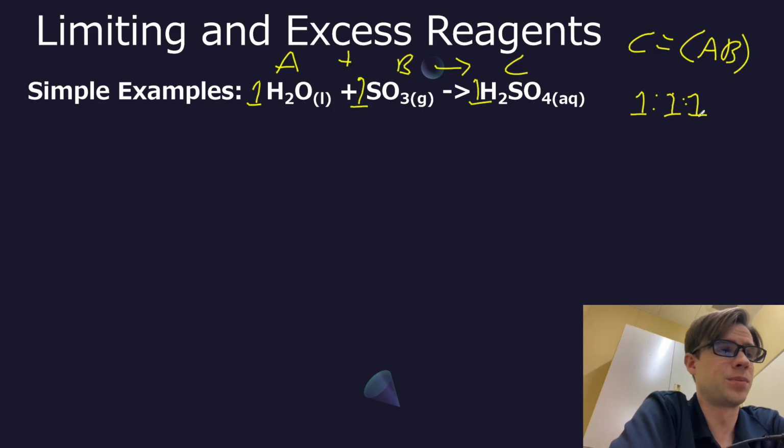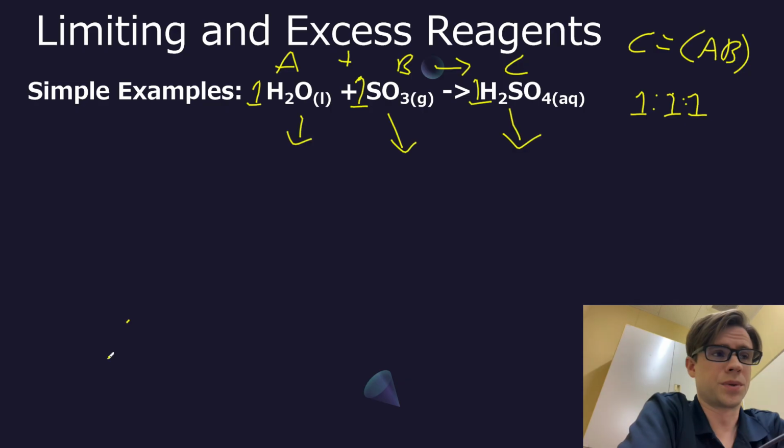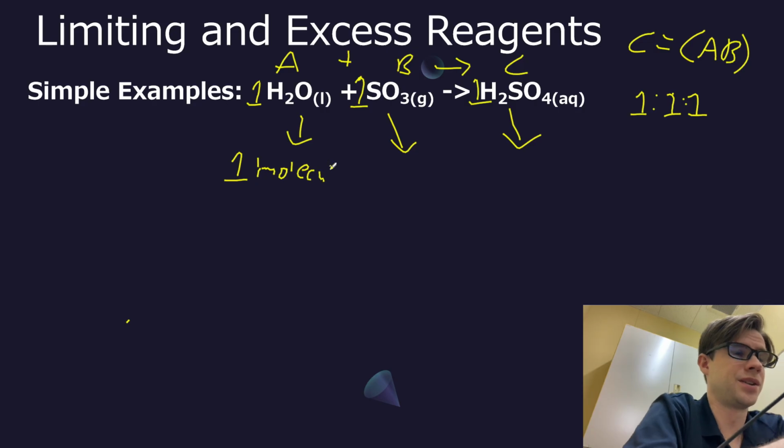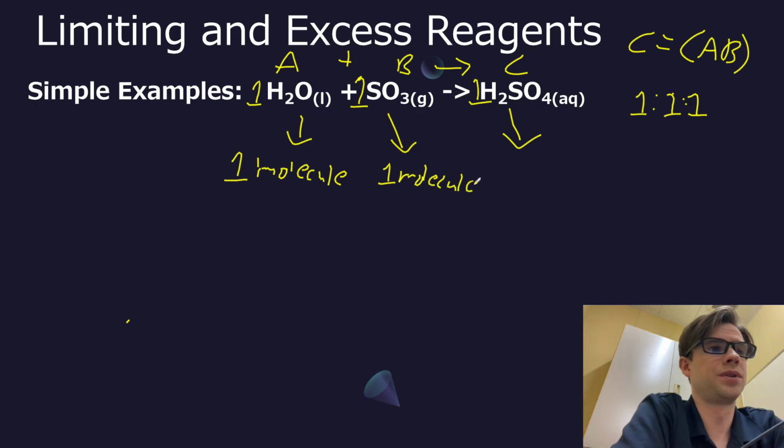So I want to start really simple. Let's say, okay, so what I want you to imagine is, what if we have 1 molecule of H2O and 1 molecule of SO3 gas?